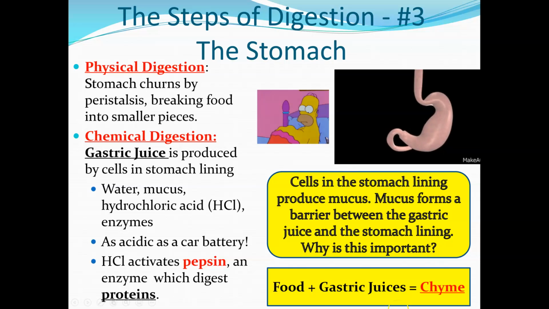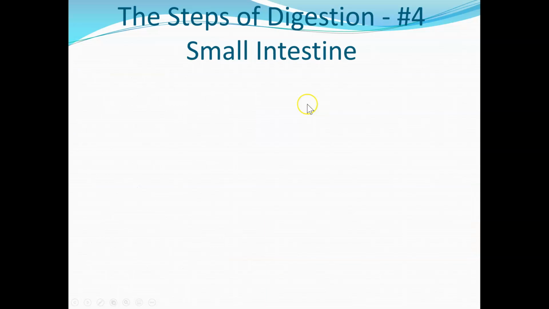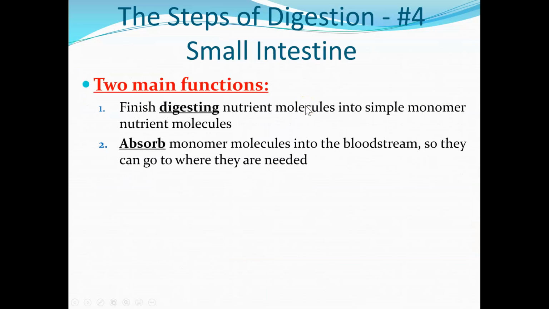So when you have food mixed with these gastric juices, this mixture is called chyme, which is different from the bolus. Chyme is what you find within the stomach, and bolus is what you find in your mouth and in your esophagus, entering into your stomach.